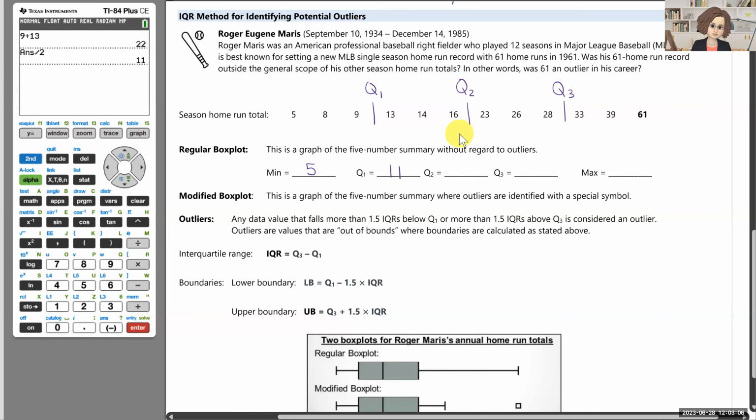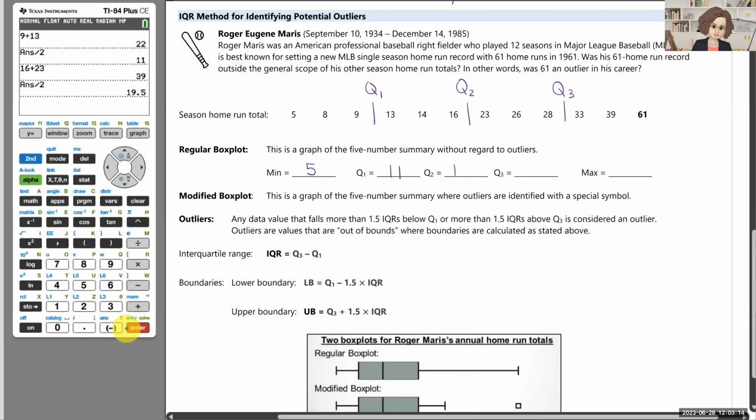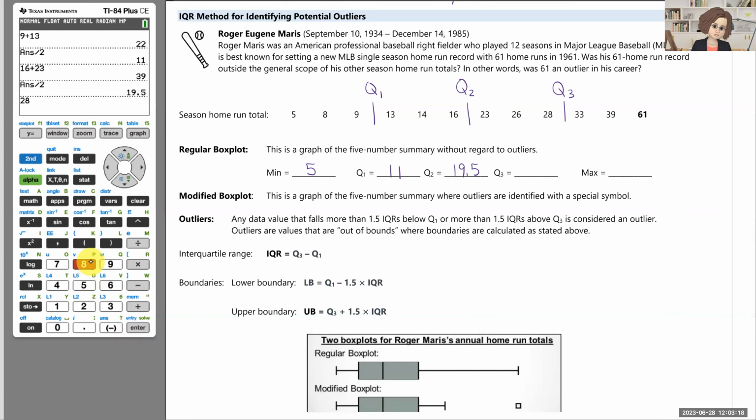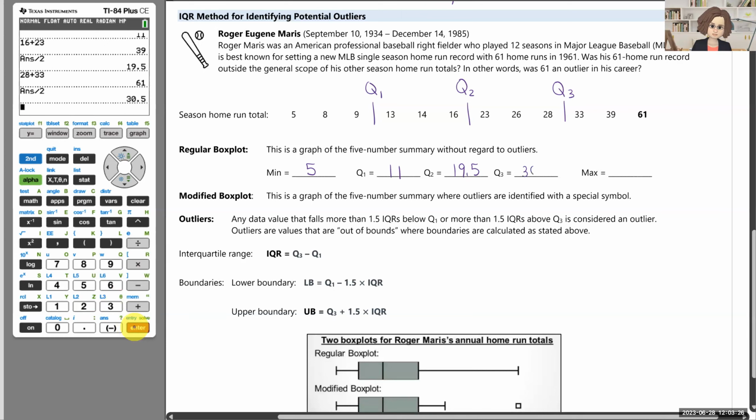And then for the median, we'll take 16 plus 23, add and divide by 2, and that is 19.5. And then finally, for Q3, we would average the 28 and the 33. Add and divide by 2, 30.5. And then our maximum value would be that 61.